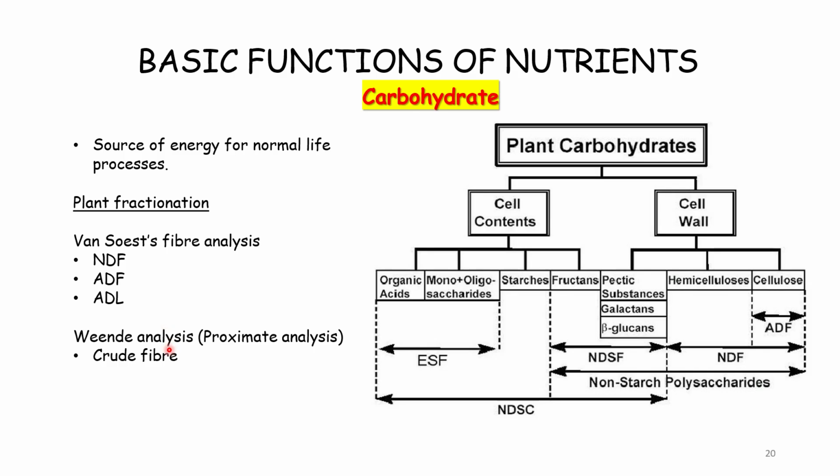But in proximate analysis, or Weende analysis, we can only get the crude fiber. This crude fiber we consider as a carbohydrate. This is the classification, cell wall and cell contents.